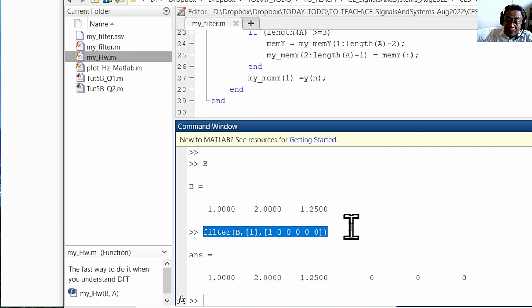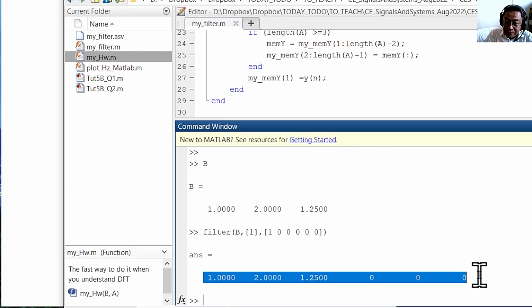When you call this routine, MATLAB will take the coefficients b, a, and the input to generate the impulse response. So this is the impulse response, and of course it is 1, 2, and 1.25 because only the impulse is being sent. There's no feedback, and therefore what we get is B.